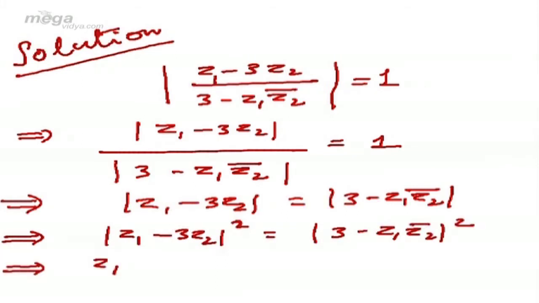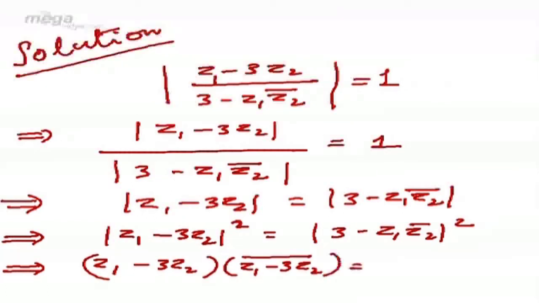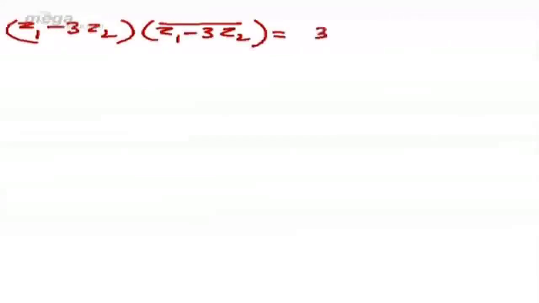This will be equal to (z1 minus 3z2) into its conjugate, is equal to (3 minus z1 z2 bar) into its conjugate.